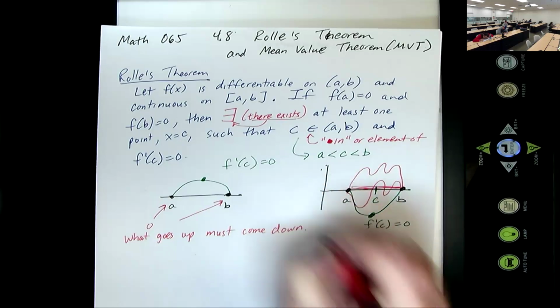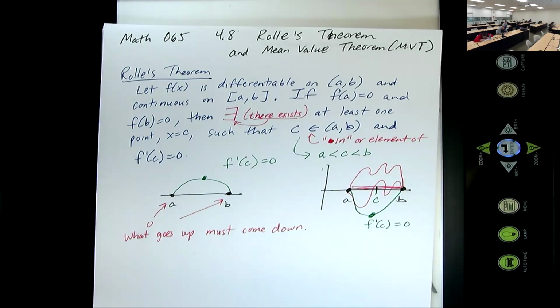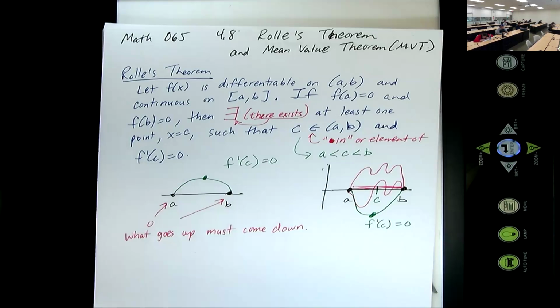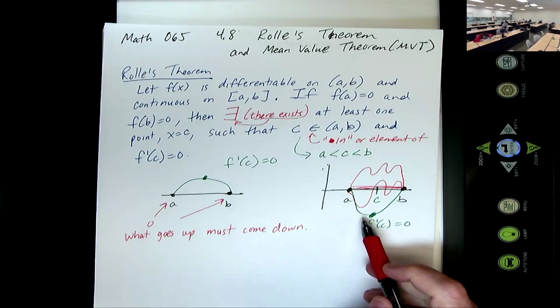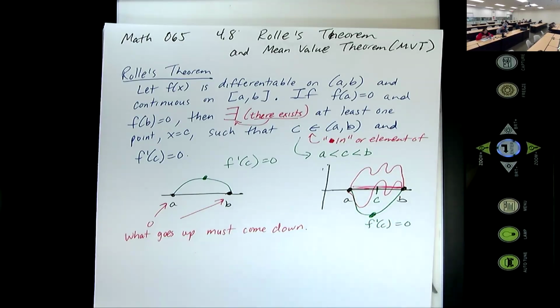Now, we say that because of gravity, but here the requirement is that f of B equals 0, so we know it comes back down. Or over here, it goes back up if it went down first.